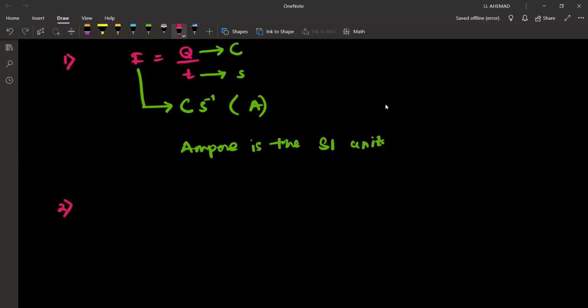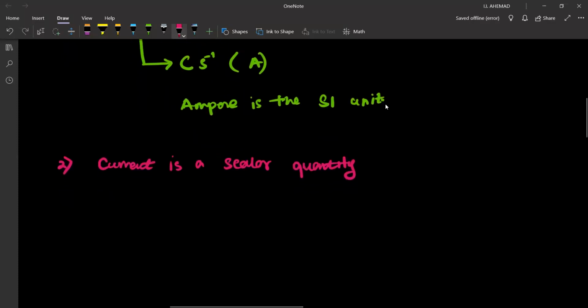Okay. Next, what about current? Is it a scalar or a vector? Current is a scalar quantity. What is the reason?